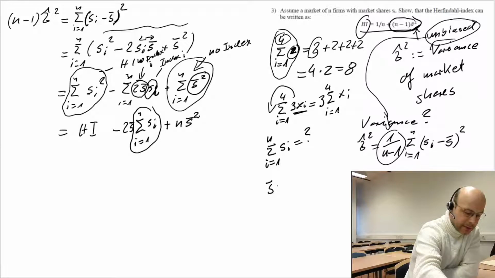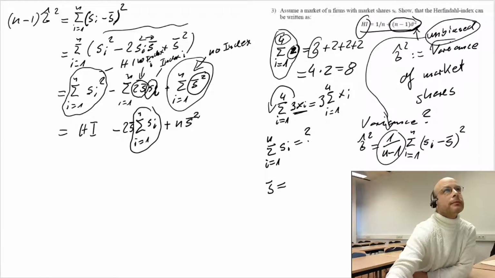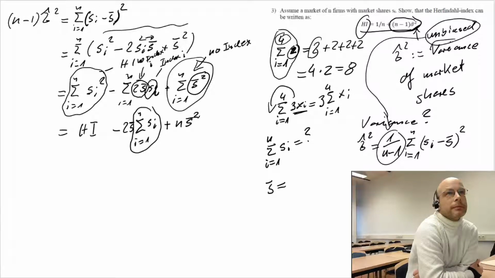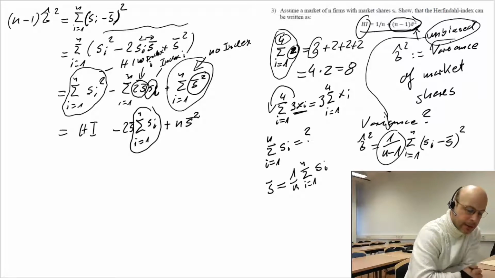The arithmetic average of the market shares. This is just the sum of all market shares divided by n. 1 over n, sum I equals 1 to n of si.